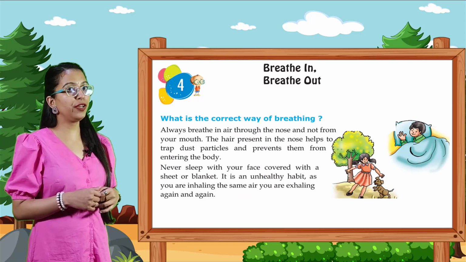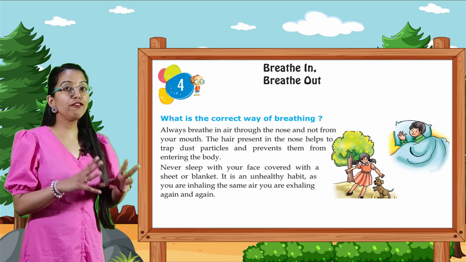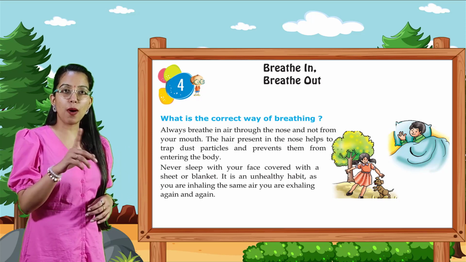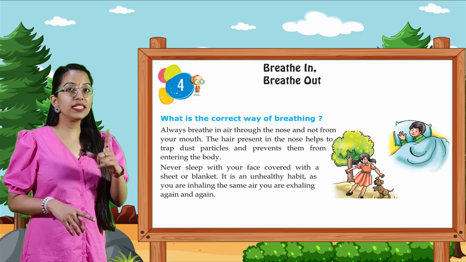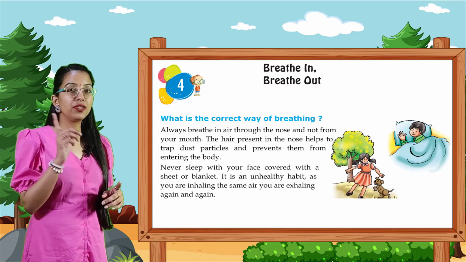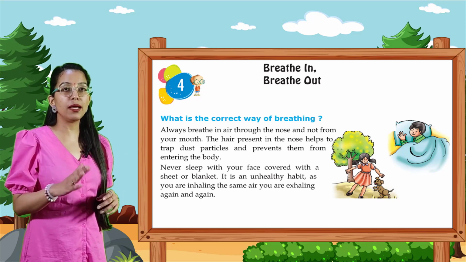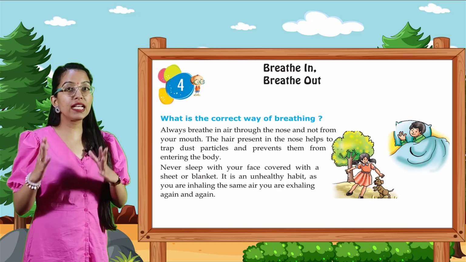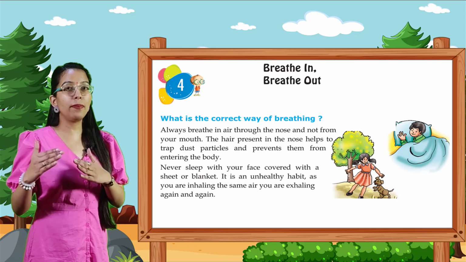What is the correct way of breathing? Always breathe in air through the nose and not from your mouth. The hair present in the nose helps to trap dust particles and prevents them from entering the body. Never sleep with your face covered with a sheet or blanket.